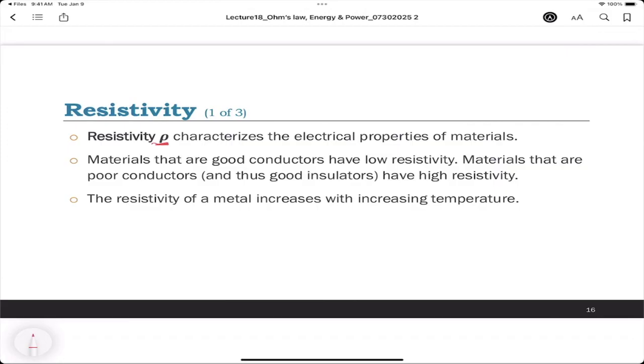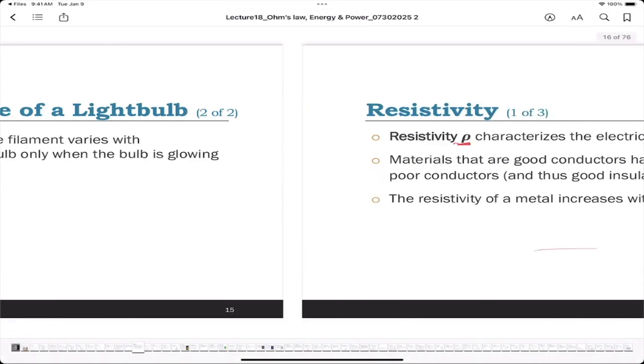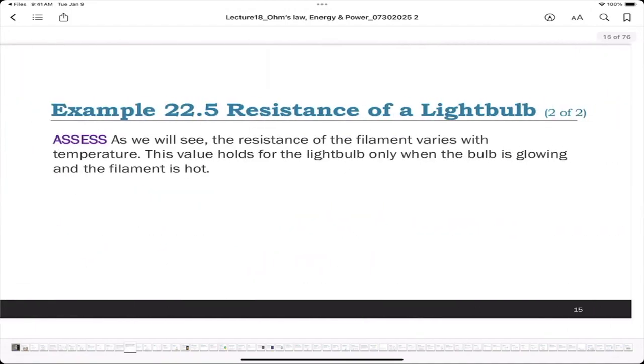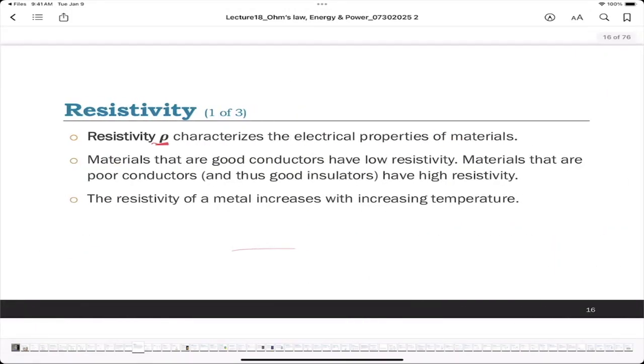Materials that are good conductors have low resistivity, such as copper. We will talk about copper later.